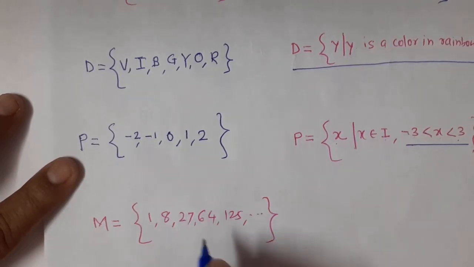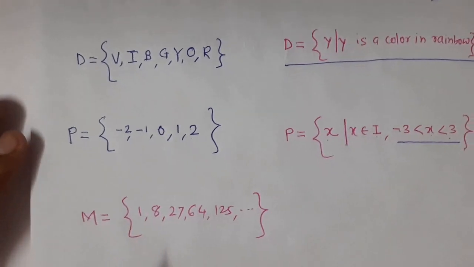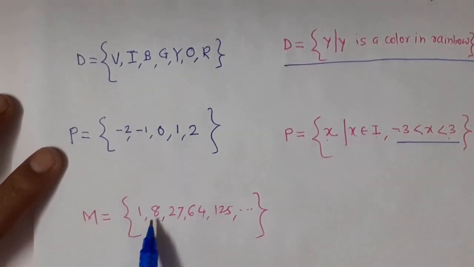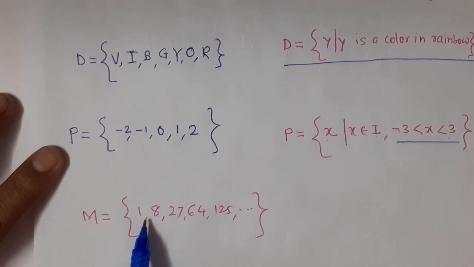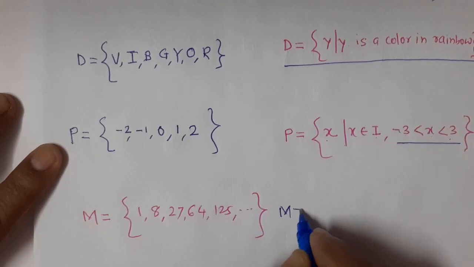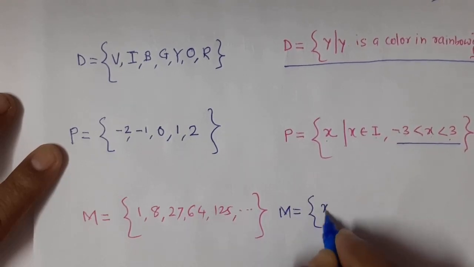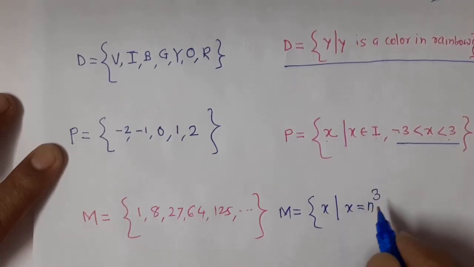Then the last example, the listing method is given: M is a set of 1, 8, 27, 64, 125. What is this? When you observe, this is the perfect cube. How can you write it? You can write M is the set of all x such that x is equal to n cubed.